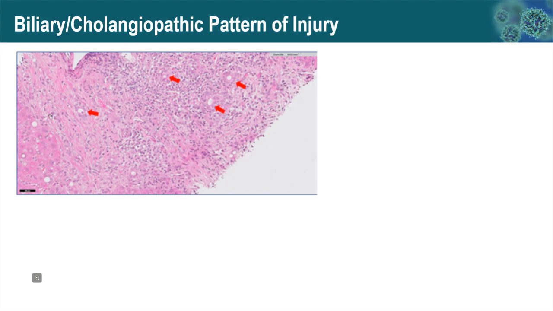Additionally, the portal tract shows a dense mononuclear inflammatory infiltrate composed of lymphocytes and histiocytes.